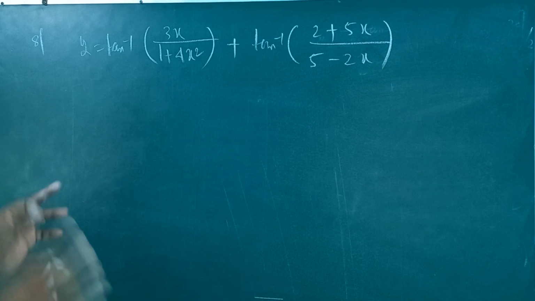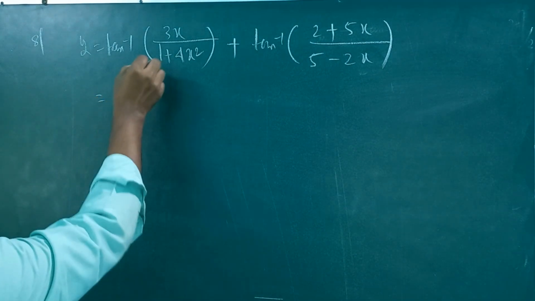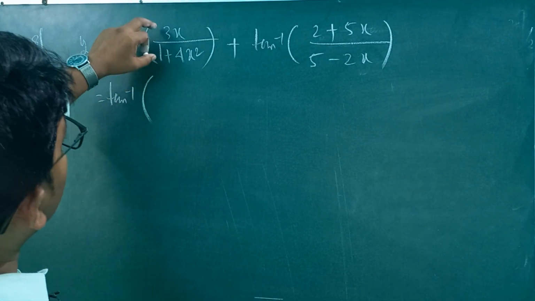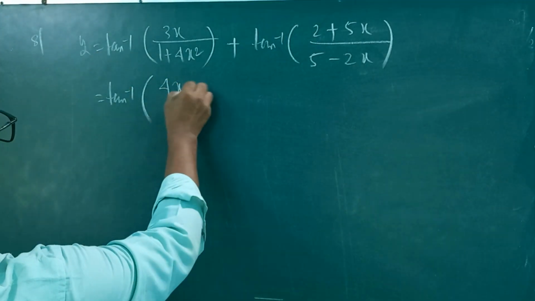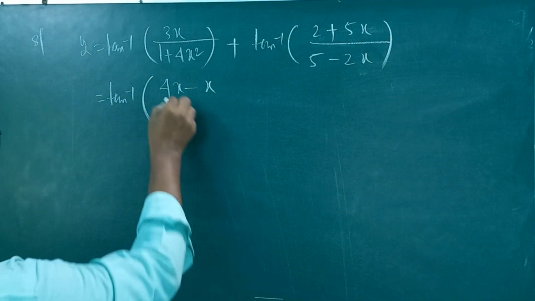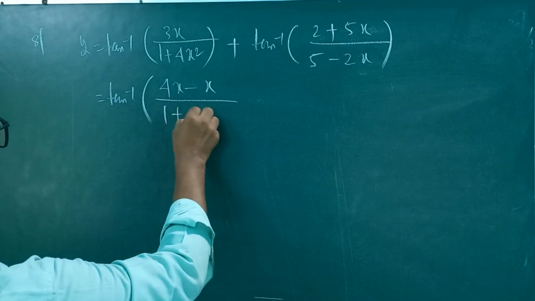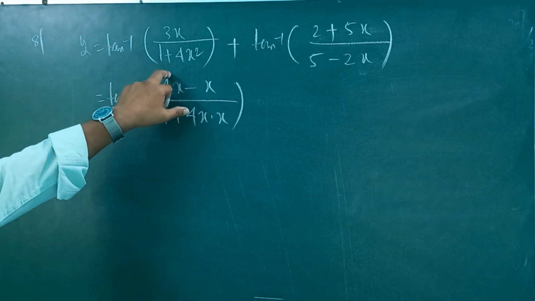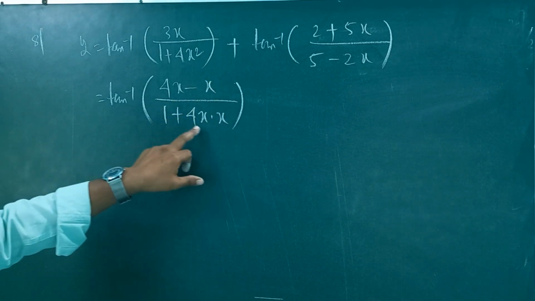Now see how can we convert the structure. We can write this 3x as 4x minus x, this one is 1 plus 4x into x. See this one is (tan alpha minus tan beta) by (1 plus tan alpha tan beta).